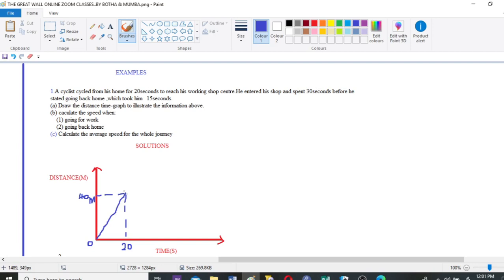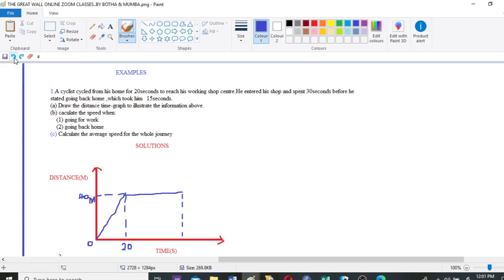He stays there. He hasn't covered another distance. So he stays there for 30 seconds. As the person is not moving, the distance stays constant, but the time is moving. So are we going to write 30 seconds here, because this is the time that he has spent after reaching his workplace?